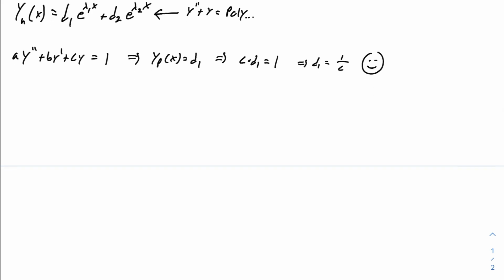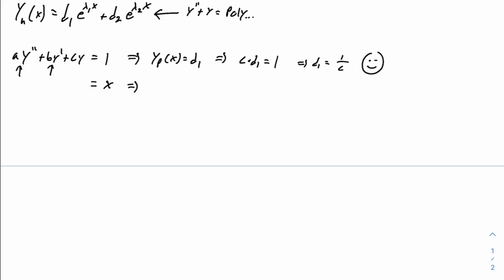Okay, but now let's have this be a little bit different. So let's have it be the next polynomial. So let's have it be x. Okay, so what would this go to? Well, I know that if this is an x, then the derivative of an x would be some constant, and the second derivative would be nothing. In order to have nothing, I know that the highest order polynomial that I can have is going to be the same order as this one right here, right?